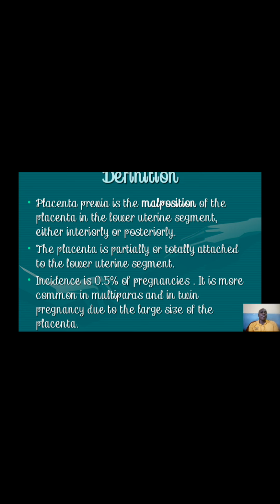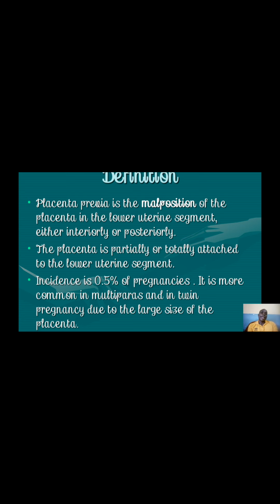Kumbe unakuta implant sehemu ya chini, lakini ile sehemu ya chini either juu au chini, ni sehemu ya chini ya uterus. Kwa hiyo ndio placenta previa. Kikawaida placenta lazima ijiplant sehemu ya posterior part of the uterus, and the placenta is partially or totally attached to the lower uterine segment.